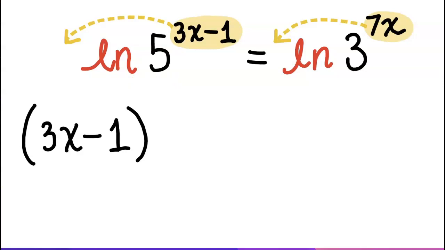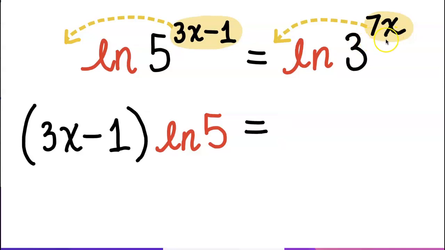So after writing 3x minus 1 in a parenthesis, write down natural log of 5 equals, now what came down from the right side? 7x. Now 7x is just a monomial, so you don't really have to put a parenthesis around it, but you can if you want. So I'm going to put 7x here. And it's getting multiplied by what? Natural log of 3.